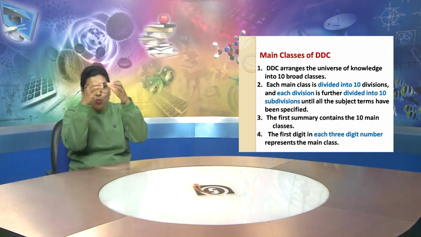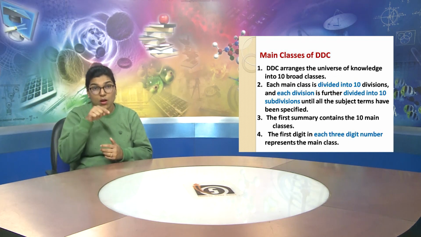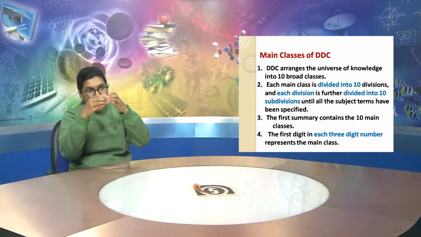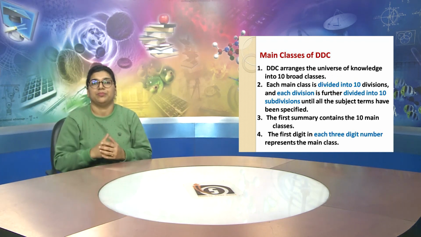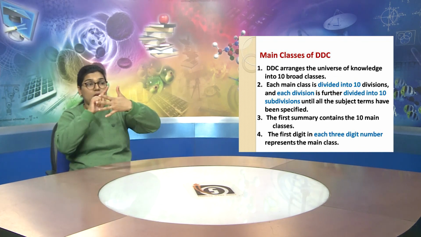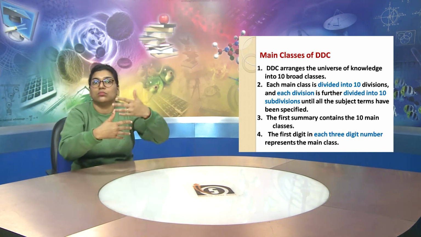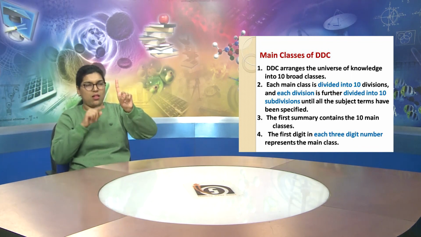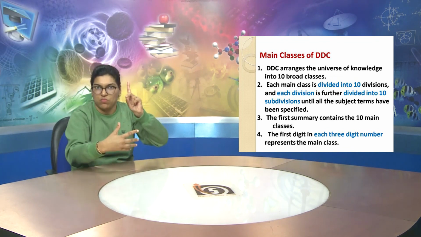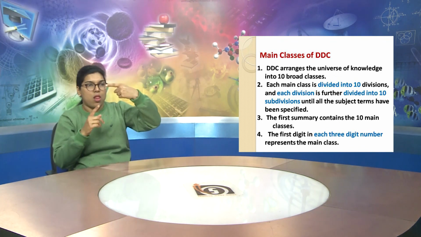Now these are some of the main classes of DDC. Basically, there are 10 broad classes. So DDC arranges the universe of knowledge into 10 broad classes. Further, each main class is divided into 10 divisions, and each division is further divided into 10 subdivisions until all the subject terms have been specified.